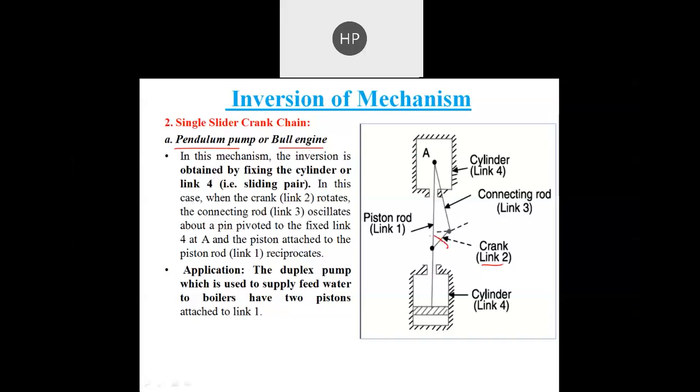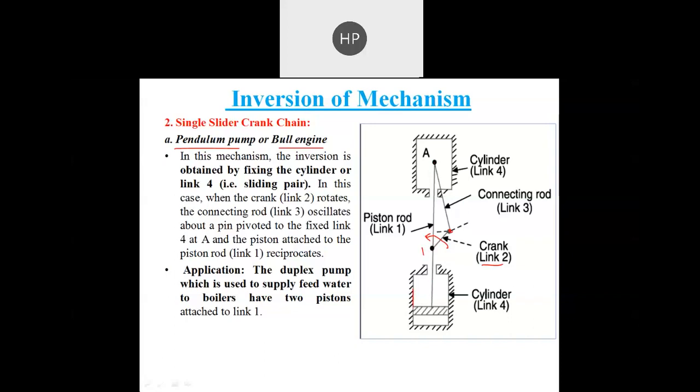Okay, it can rotate in clockwise or anti-clockwise direction, and as the link is rotated, we will see that this is our turning pair number 1. This is turning pair number 2, this one is turning pair number 3. Okay, and this one is a reciprocating pair.